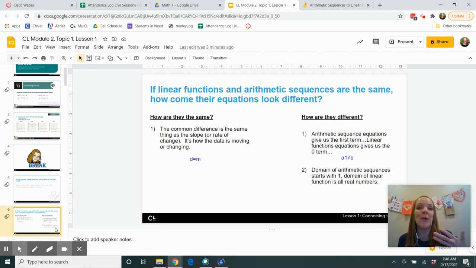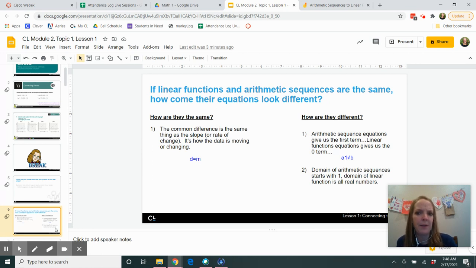It tells you how it's changing. In a linear function equation, we always use slope-intercept form, and we have an M. D, common difference, and M, slope, they're the exact same thing.